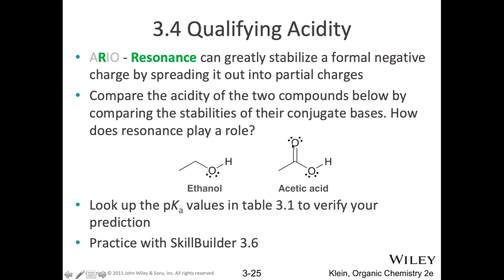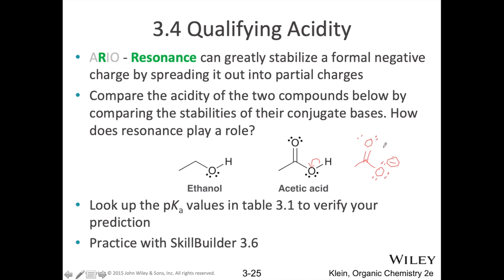However, look at your acetic acid, or if you're having trouble seeing it, look at the resulting acetate ion that you would get if you lost this H plus ion. So if we get something to pluck off this proton, so these electrons go to that oxygen, your resulting anion is going to look like this, with a negative formal charge on that oxygen.